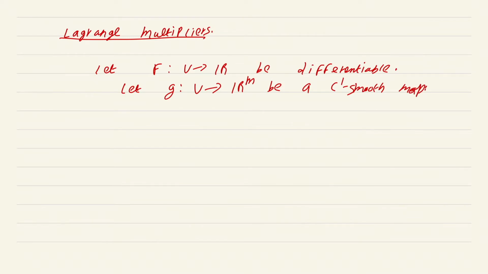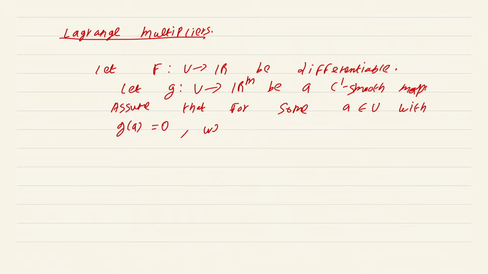Okay, so this g function is supposed to act as the constraint. So what we are going to do is assume that for some a in U with g of a equal to 0, we have dg at a has rank m. So it's full rank. The derivative map is a full rank matrix at this point a.